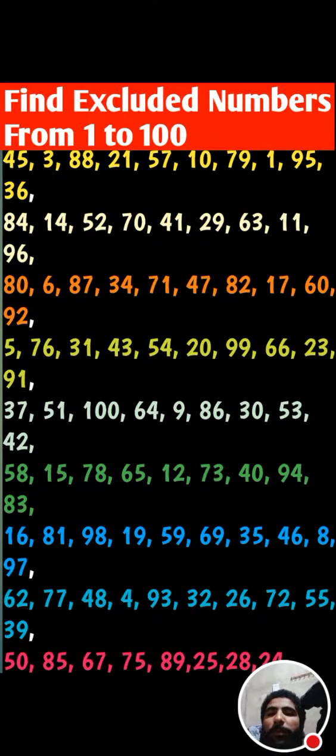Where is 74? I think 74 is also missing. So we have to move onwards to find 75. 75 is also presented on the fourth position of the last row.